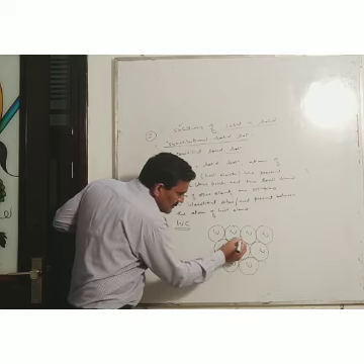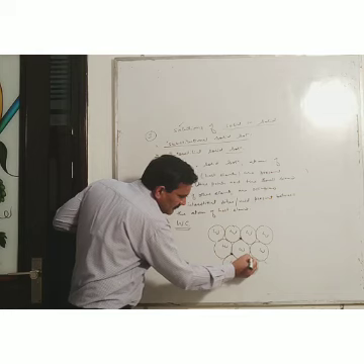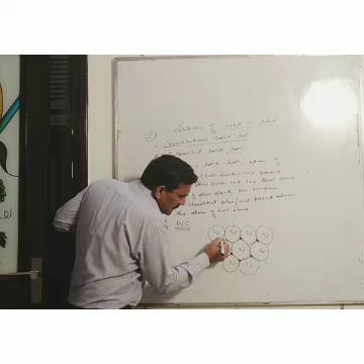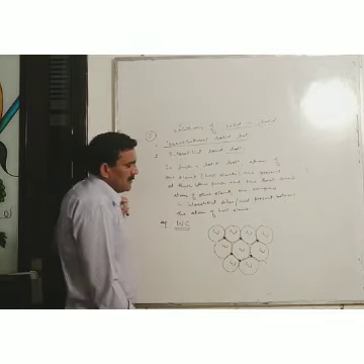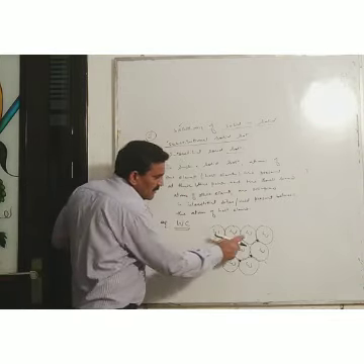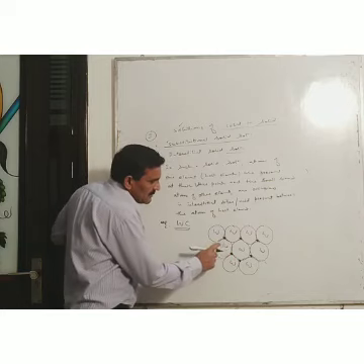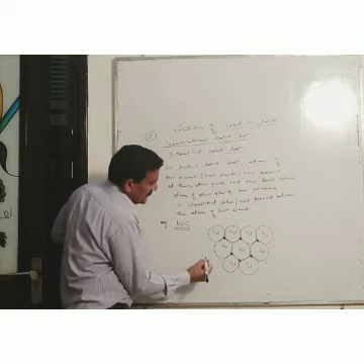And these are the interstitial sites which are left between the tungsten atoms, and in these sites, small sized carbon atoms are occupied.